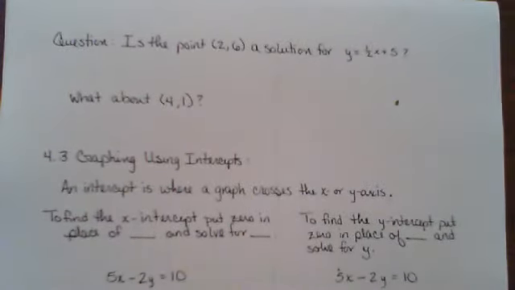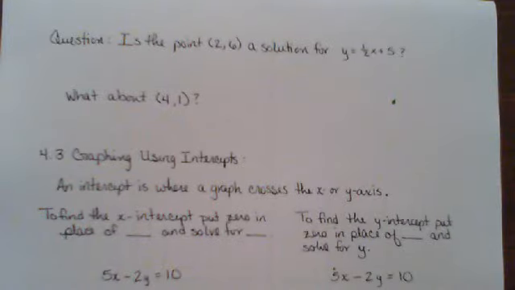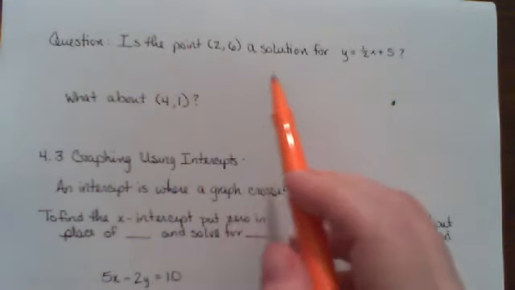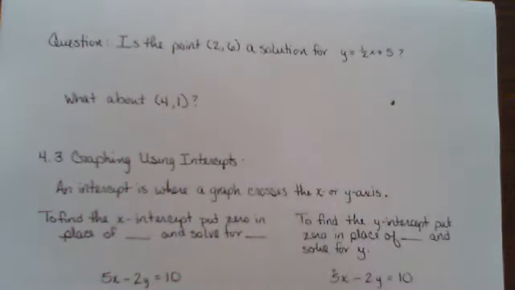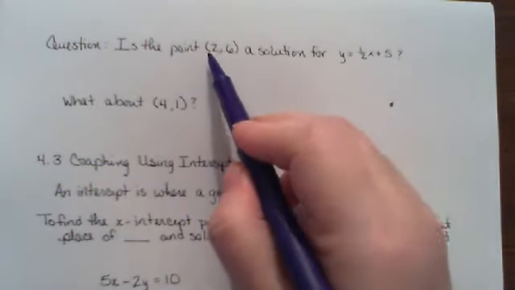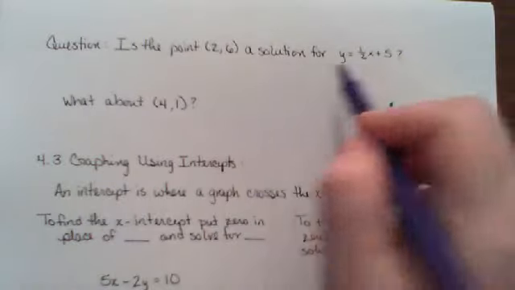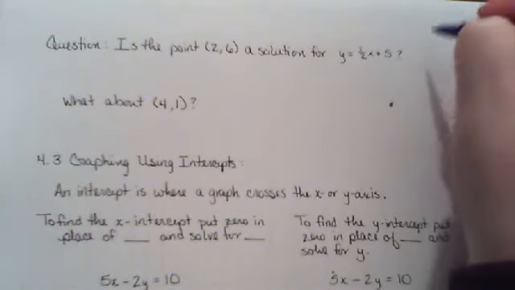This is the next page. It might be hard for you to find this page, but go ahead and look for it. It starts with the question: is the point blah blah blah a solution for blah blah blah? And then what about this one? If something is a solution, that means that it'll work. It makes a true statement. So in order to find out if this point is a solution for this, I just need to use this point in this to see if I get a true statement.